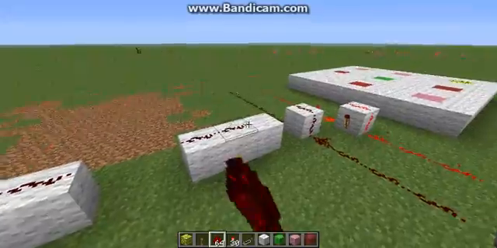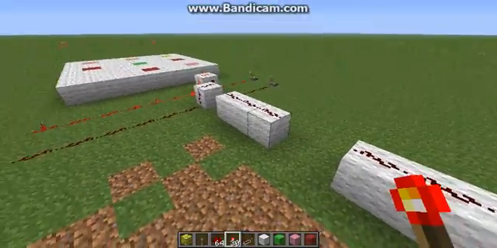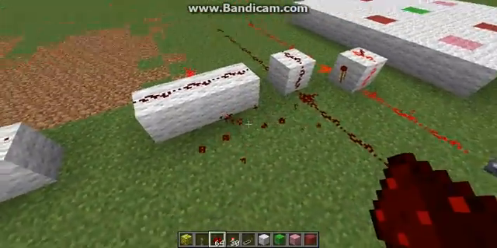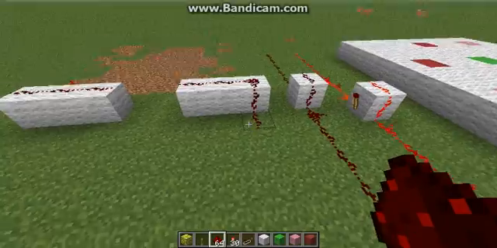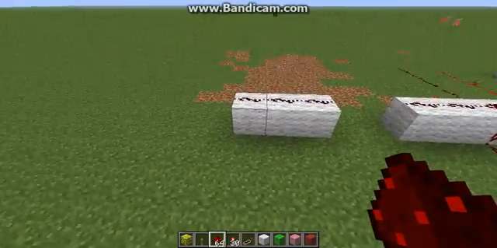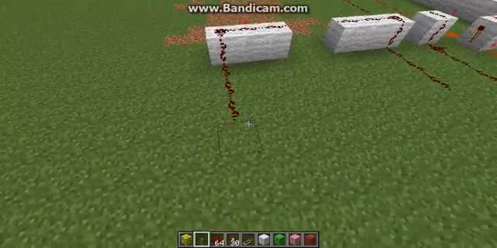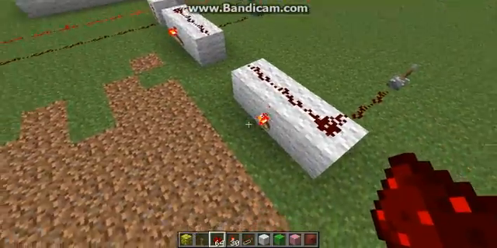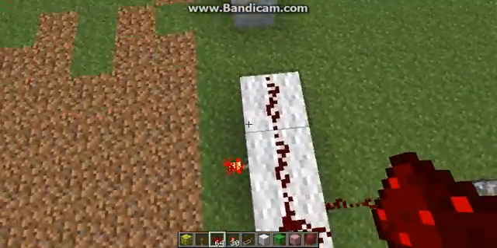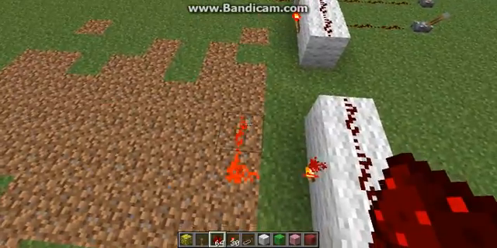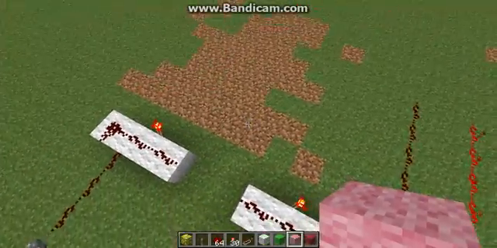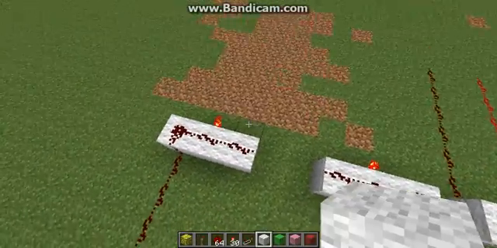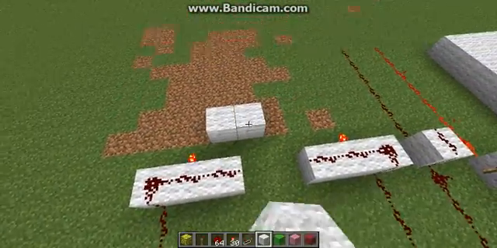So here is the redstone on top. Here's an output. Here's the inputs. This is input A. This is input B. The input into the second OR gate is actually the output of the first NOR gate.